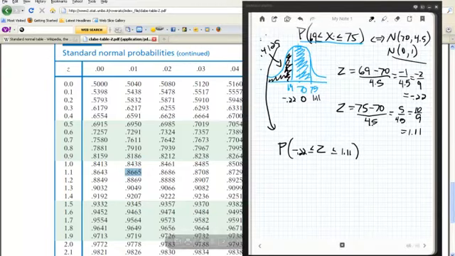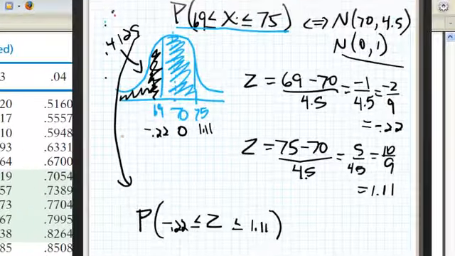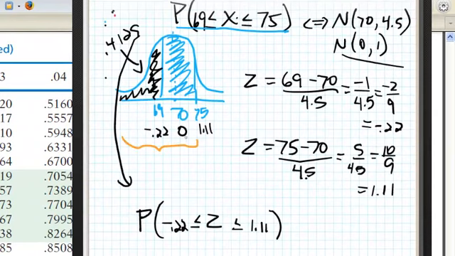Now, this is going to be a little nastier, so I'm going to change the color. I'm going to have to change my notation a little bit here, because otherwise this is just going to be a nightmare. That tells me that the area from 1.11 to the left is 0.8665. The problem is I want this area in here.